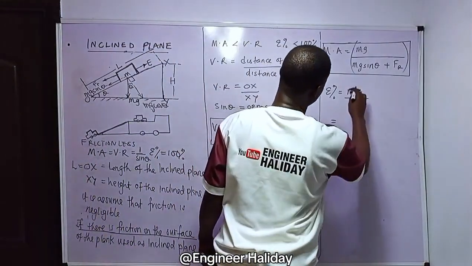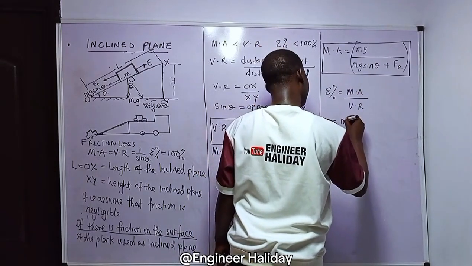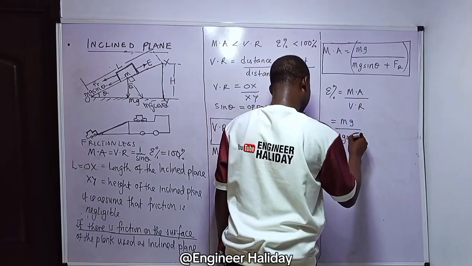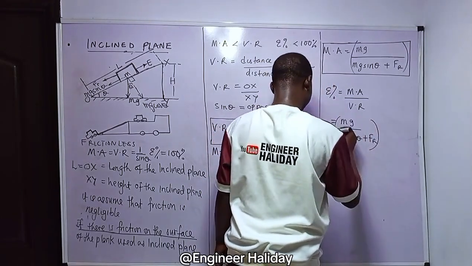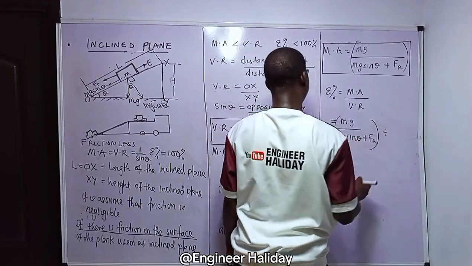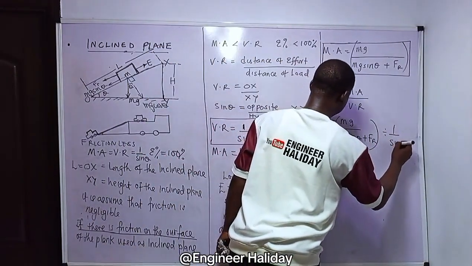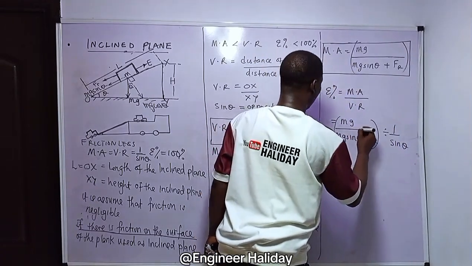Now, when you get that, for continuity's sake, it will now be mg divided by mg sin theta plus Fr, which is the mechanical advantage, divided by the velocity ratio, which is 1 over sin theta. So how do we do that?